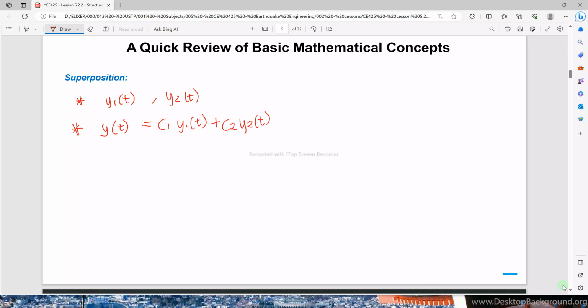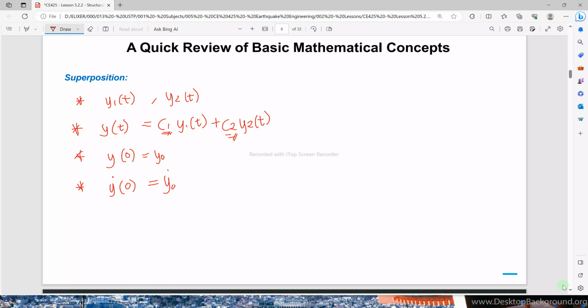Now, to determine the value of these two constants, we need to apply the initial conditions. That's why we try to get the value of y when time is equal to 0, and then the value of y dot of t when time is equal to 0. So y dot again is our velocity.